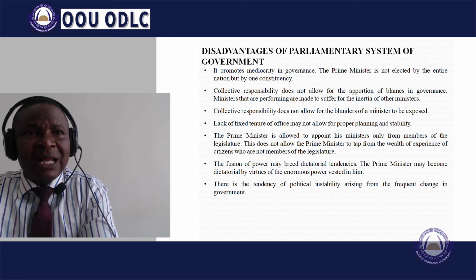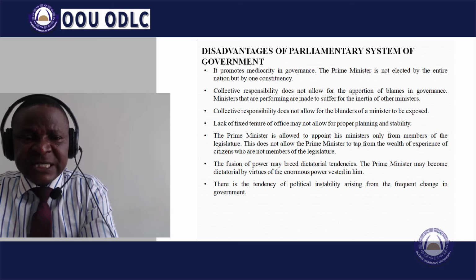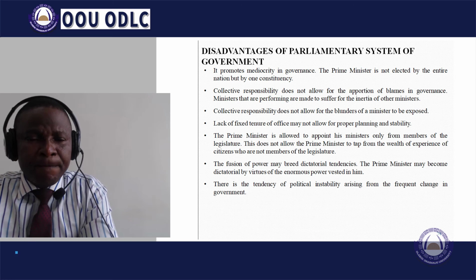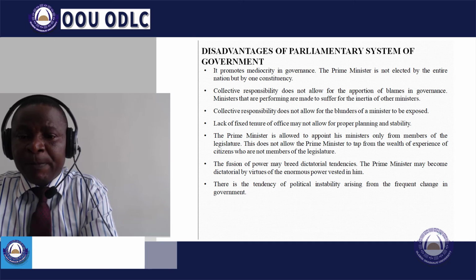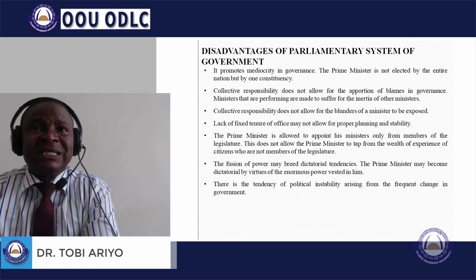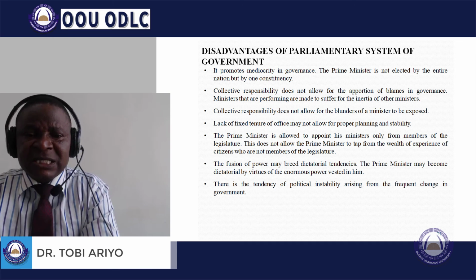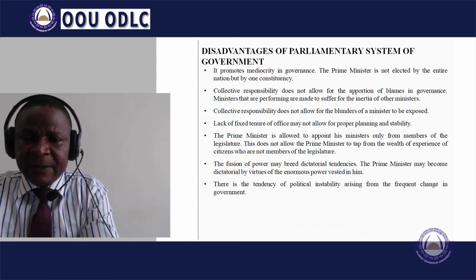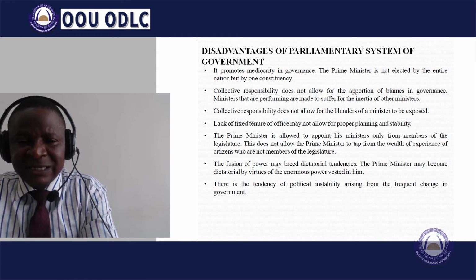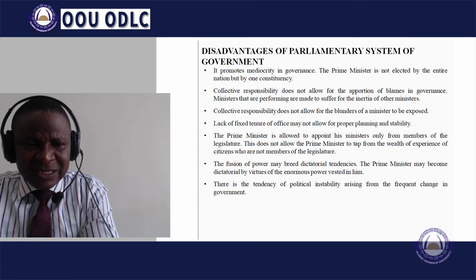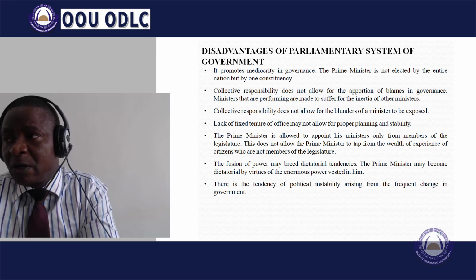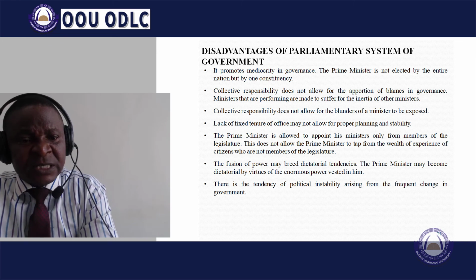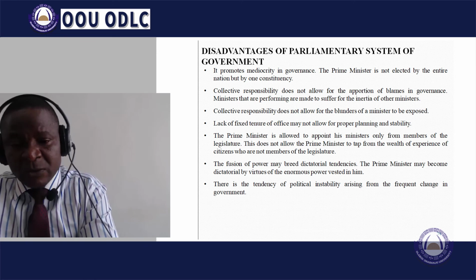4. Lack of fixed tenure of office may not allow for proper planning and stability. 5. The prime minister is allowed to appoint members of his cabinet, that is the ministers, from the legislature. This does not allow the prime minister to tap from the wealth of experience of citizens who are not members of the legislature. 6.